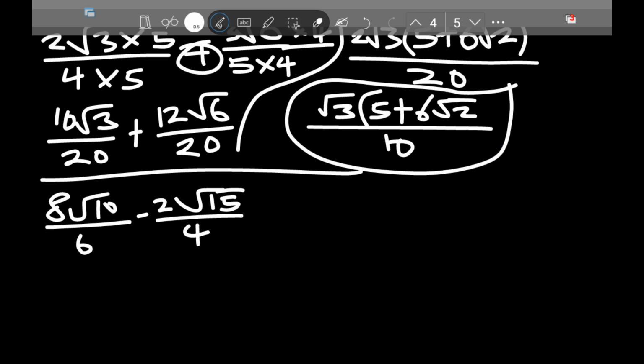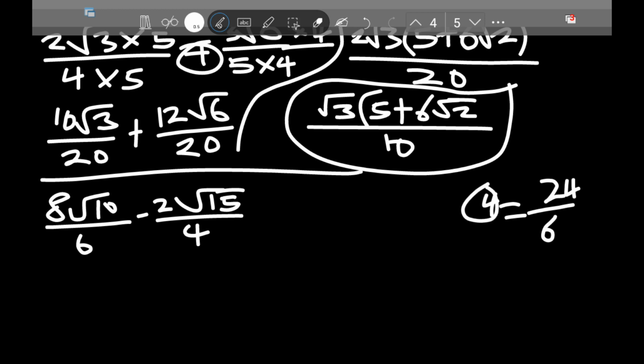Now let's try it. So you want to look for the least common multiple of 4 and 6. The least common multiple is 24. So now take your 24 and divide it by the first denominator, which is 6. 24 divided by 6, you should get 4.